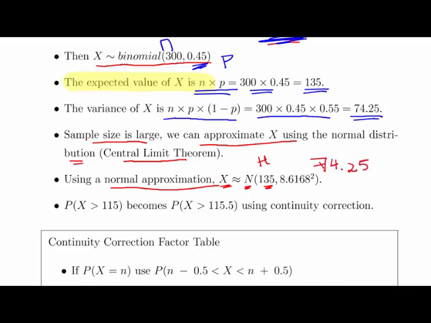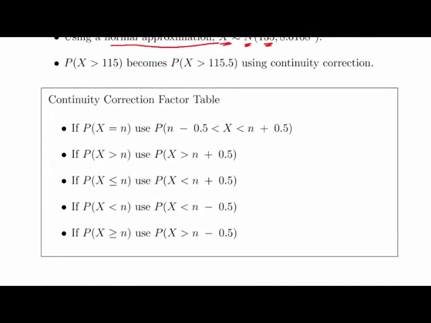Now this is the important part, the continuity correction. When we're dealing with discrete random variables such as the binomial random variable, we might have to add a continuity correction factor when approximating it with a continuous random variable, in this case the normal distribution.